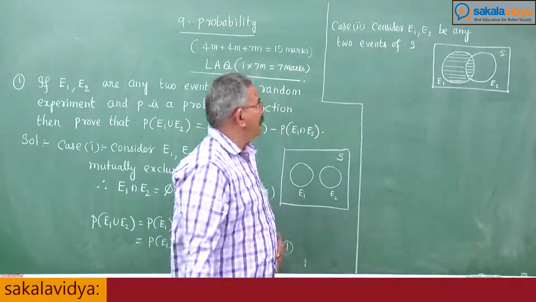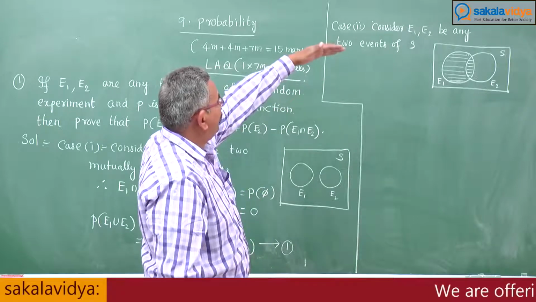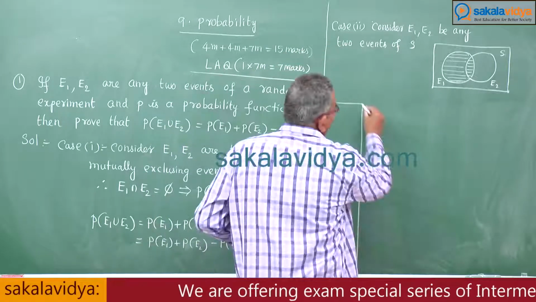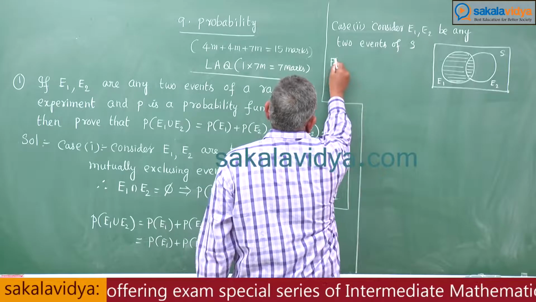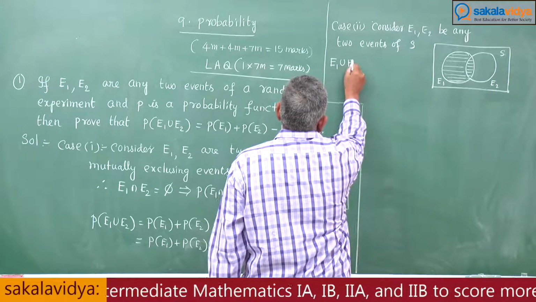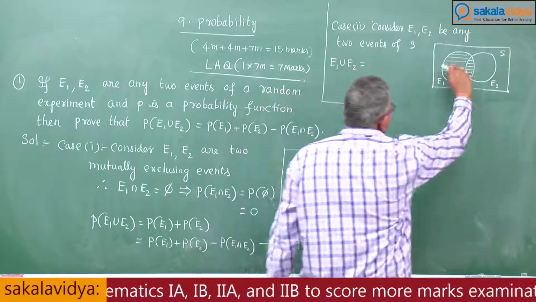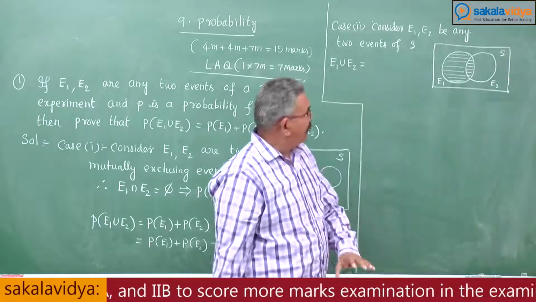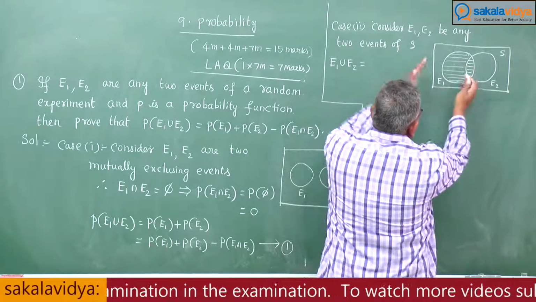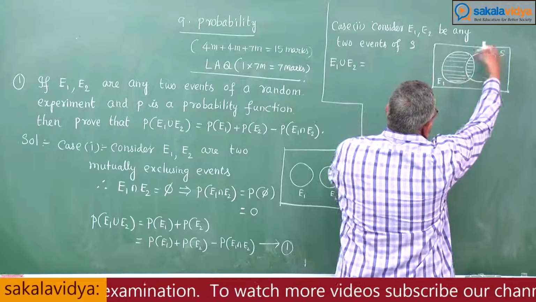Now, if you consider E1, E2 to be any two events, then from this figure, E1 union E2 you can write like this: this part is E1 minus E2, union E2.